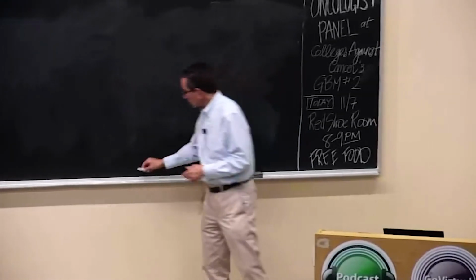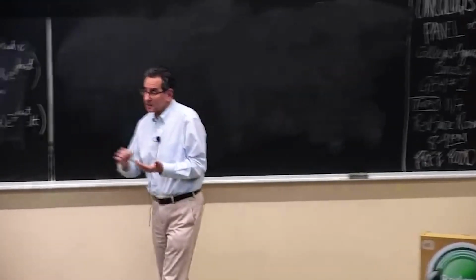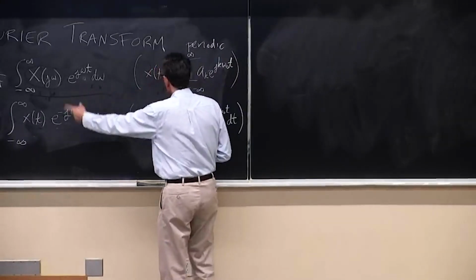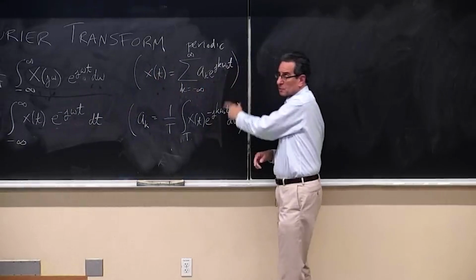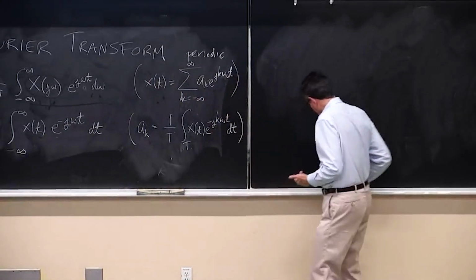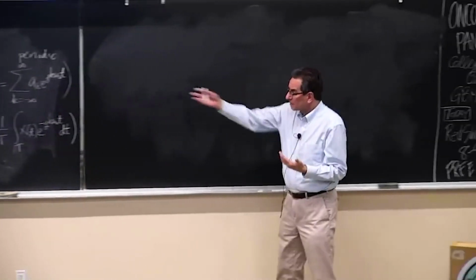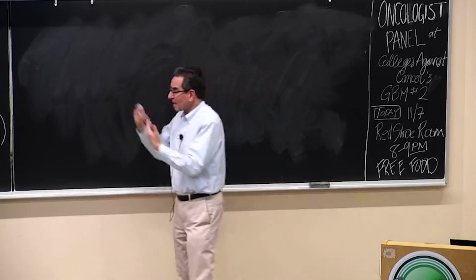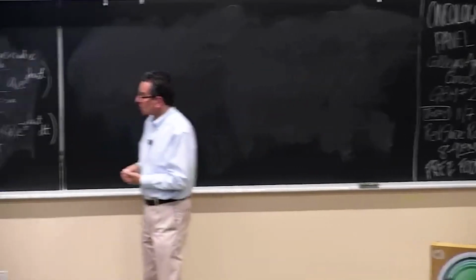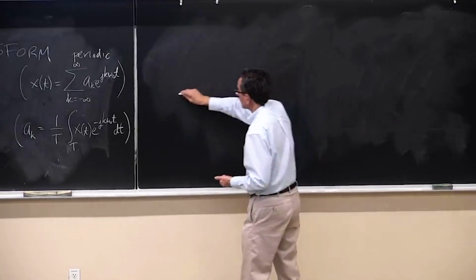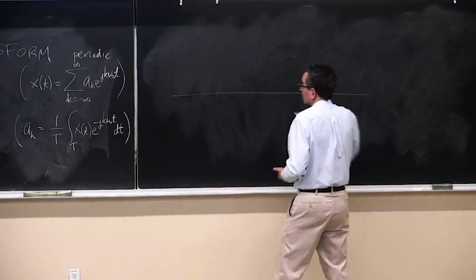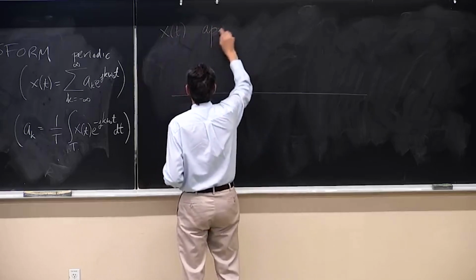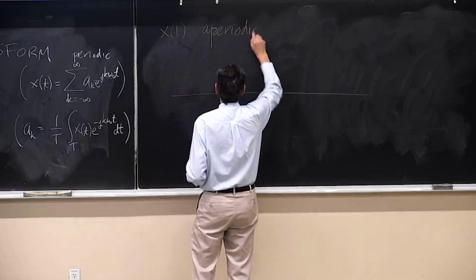And in fact, what I want to remind you of, I think you probably did this in 45, is how we actually get these expressions. What we typically do to motivate the derivation of the Fourier transform as a way of describing a signal in the frequency domain is we assume that we have a signal x of t that is not periodic, because if it was periodic, we would just use the Fourier series.